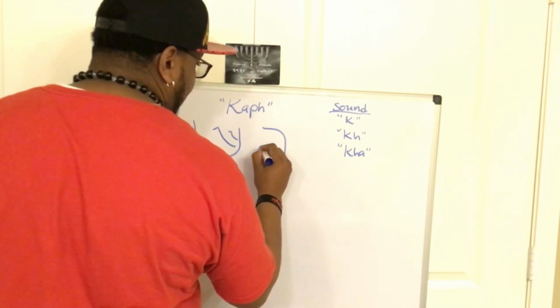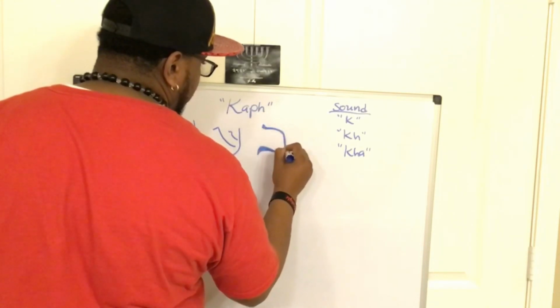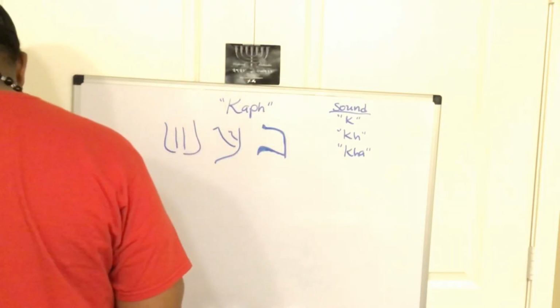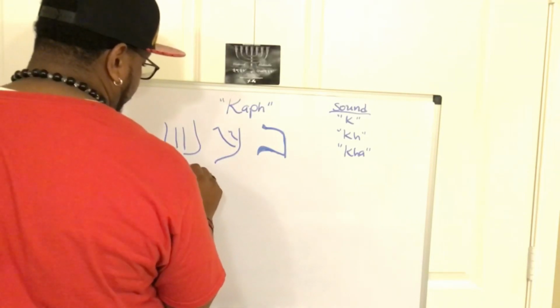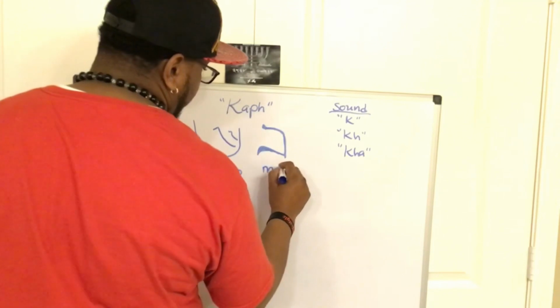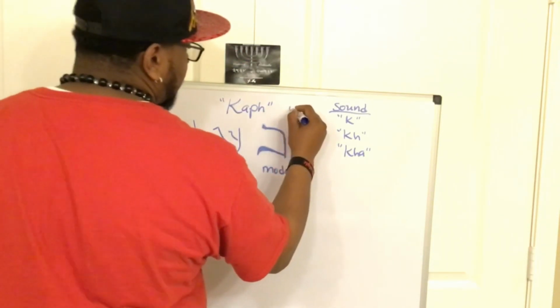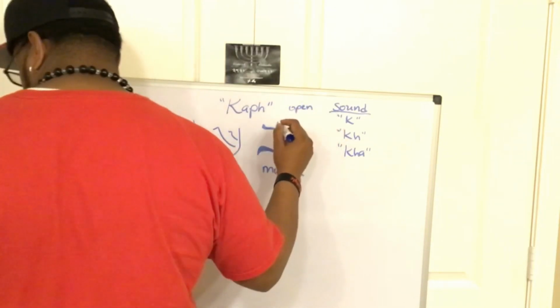Now that one looks a lot like the Bayt. That's what gets confusing. The modern. That's the Ka. So you have the Picto, Paleo, modern. It represents open palm.